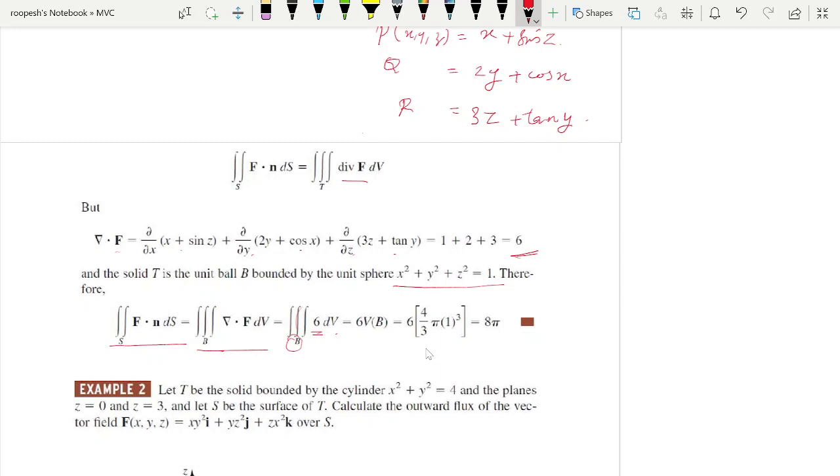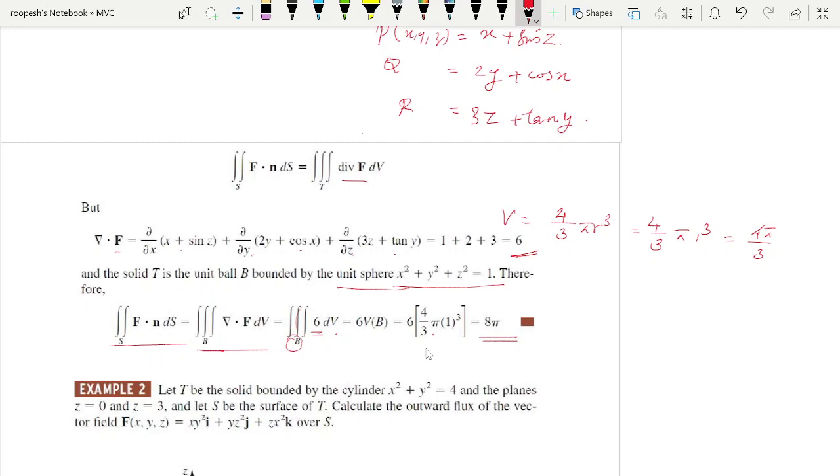But B is a unit sphere, so we know the volume of that unit sphere. In a sphere, volume is 4 by 3 pi r cube. In particular, when r equals 1, it is 4 by 3 pi into 1 cube, that is 4 pi by 3. So we can substitute here, and what remains is 8 pi. So the answer is 8 pi.